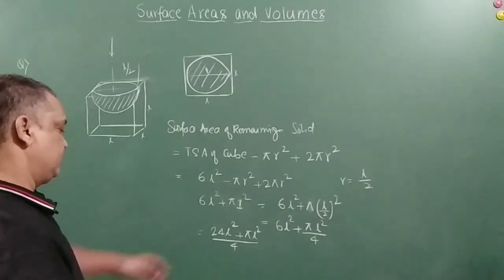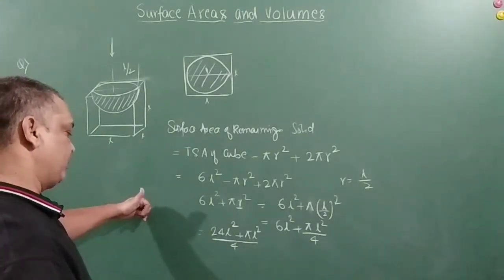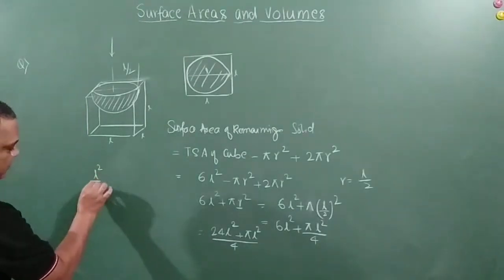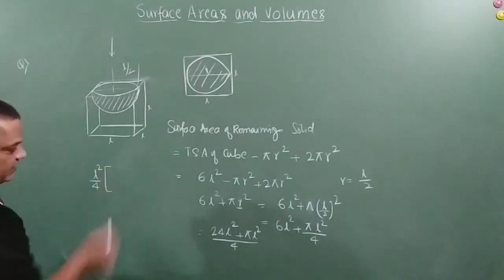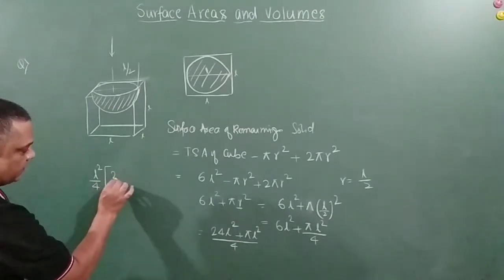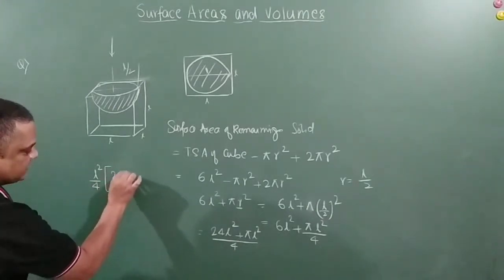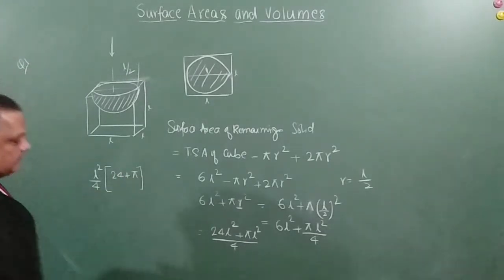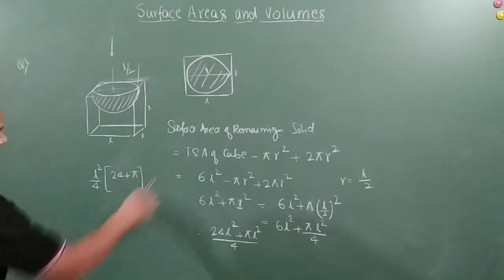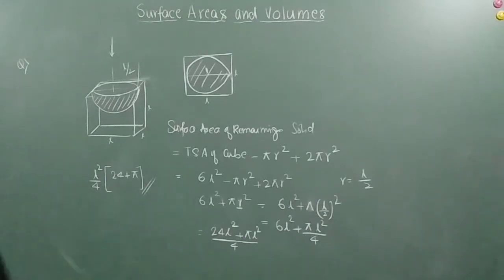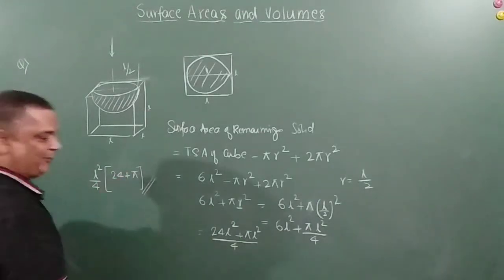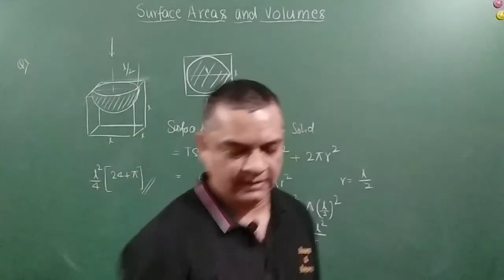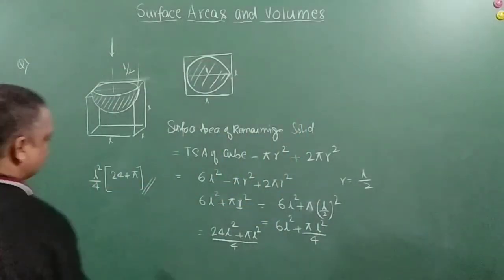If I take L square by 4 outside, it will leave me with 24 plus pi. Right? So you can leave it here, or if you want to solve, you can replace the value of pi here, that is 3.14, and basically solve it further. Right, friends? So this is the total surface area.